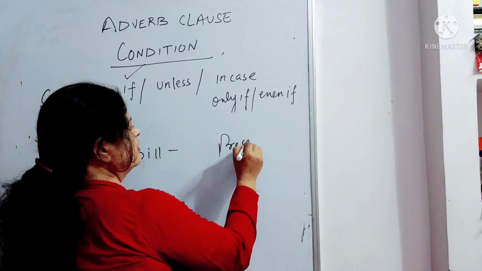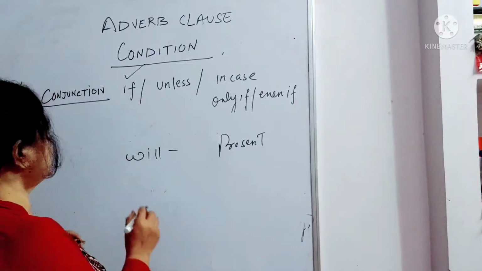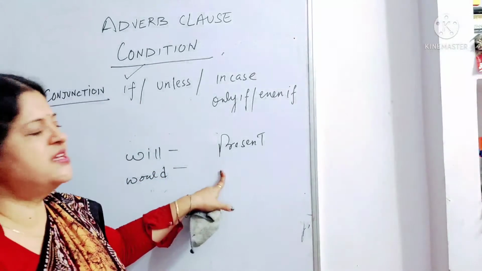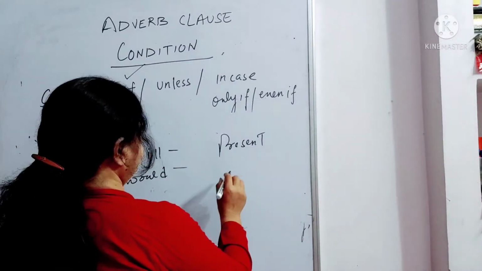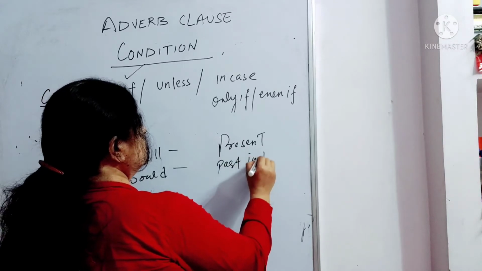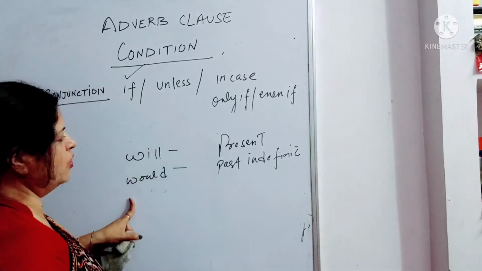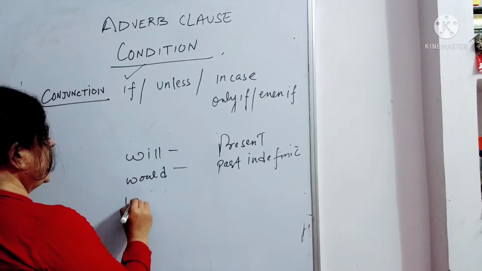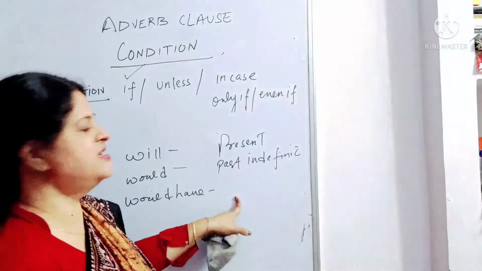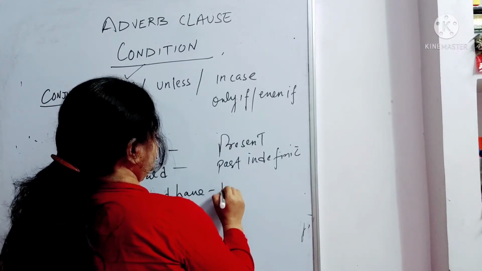If the principal clause has would, the conditional sentence would be in past indefinite. If the principal clause has would have, the conditional sentence would be past perfect.